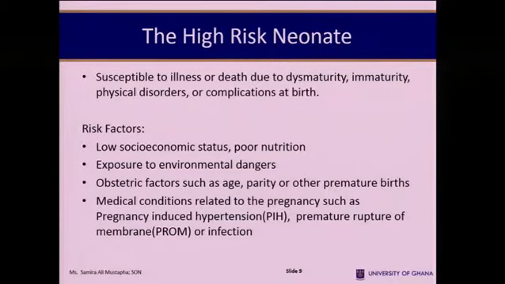And then also we're talking about environmental dangers in terms of radiations out there that will also negatively impact the fetus. Obstetric factors in terms of age, if the woman is above 35 years, is also a source of danger. If she's had more than 3-4 babies, we call that high parity. And then she's also at risk of premature deliveries when she has an incompetent cervix and the like.